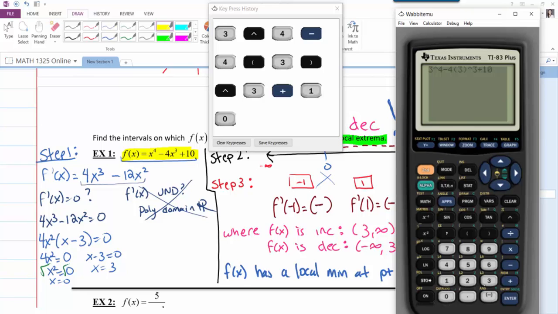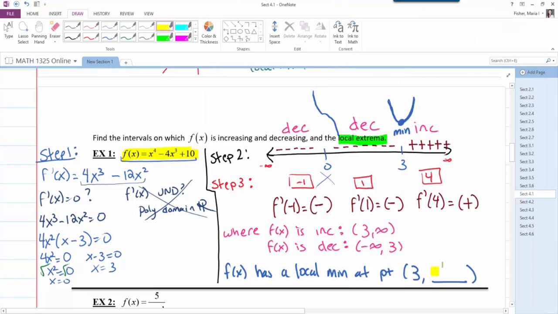So if I want to figure out where I'm having a local min or max, I have to plug that x value back into the original function. I'd hit enter and I get negative 17. So I have a local minimum value at 3 comma negative 17.